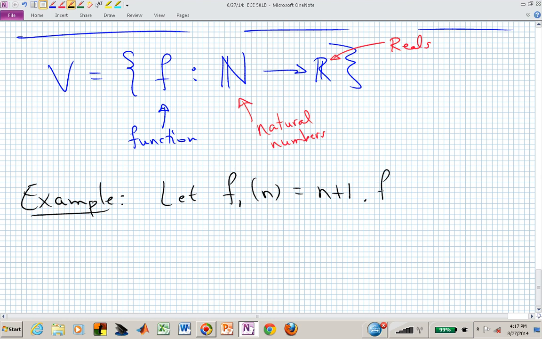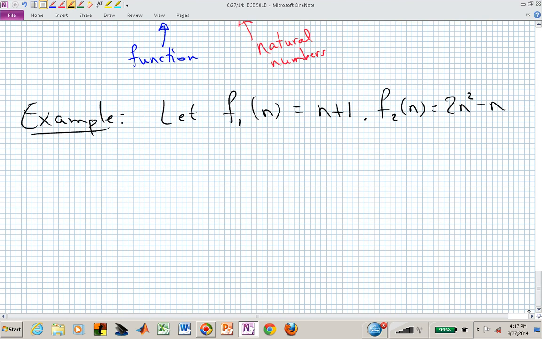Another function, f sub 2 of n, is, let's say, 2n squared minus n. Not that we're validating this as a vector space, but we could see if these two functions belong to the same vector space. Is it closed under addition? Meaning we could say f of n, let's say that's f sub 1 of n plus f sub 2 of n, or the sum of those first two examples.